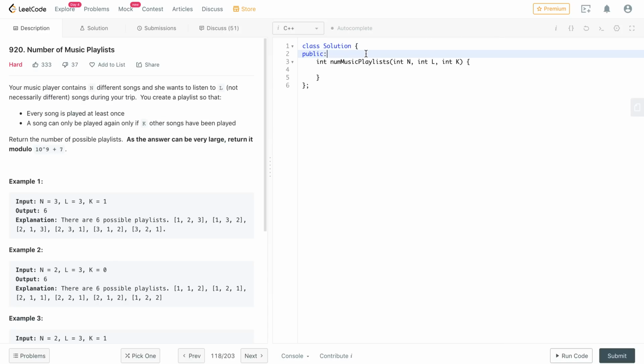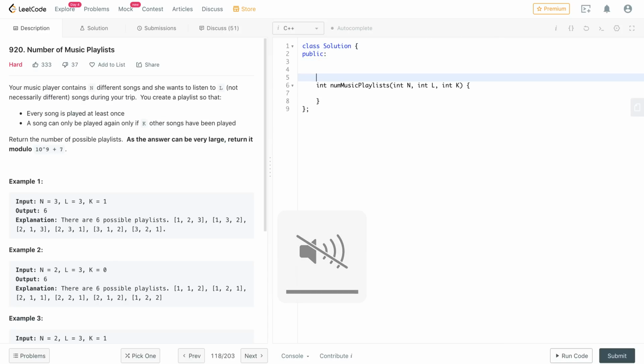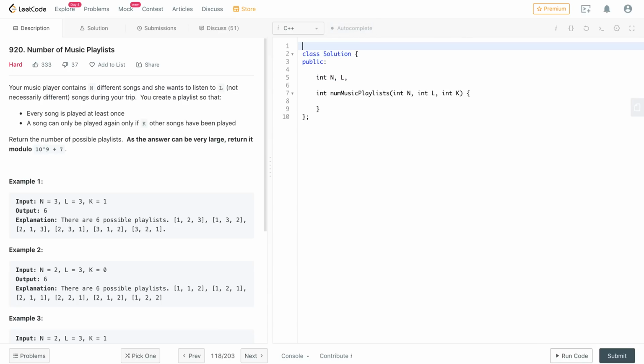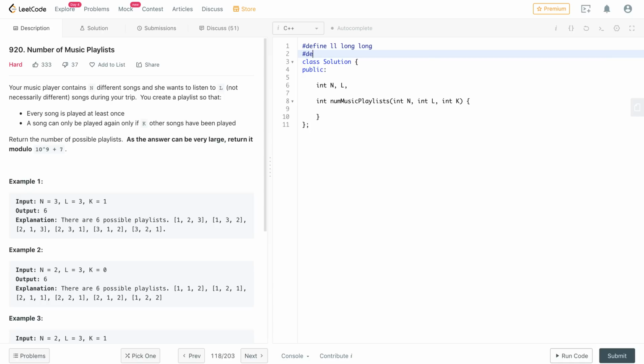So I'm going to code it here. Before that, let me define certain things, because the answer here could be very large, so we would need long. So I would define long. Also I would define mod as 1 2 3 1 2 3 1 2 3.